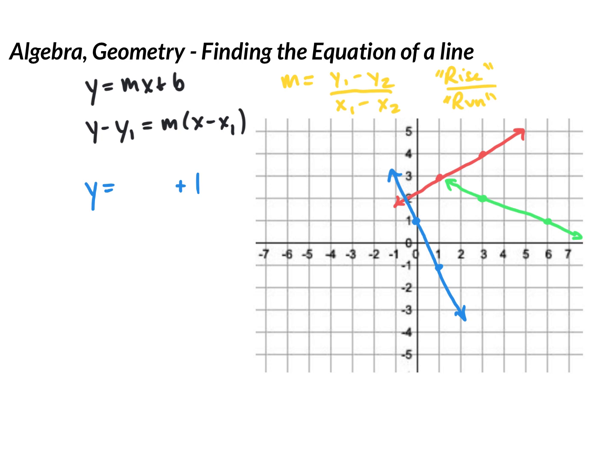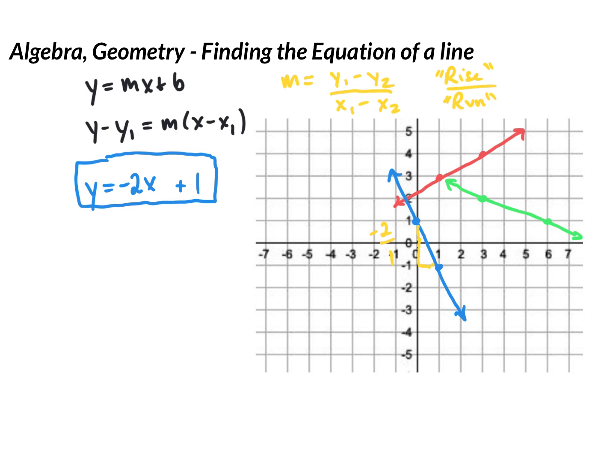I'm not going to use the formula where I pick out 2 points. Instead, I'm going to say this thing went down 2 units and over 1. So the slope would be minus 2 divided by 1, which of course is just negative 2. So that's my slope. That's what gets multiplied by the x. So there is the equation of the blue line.